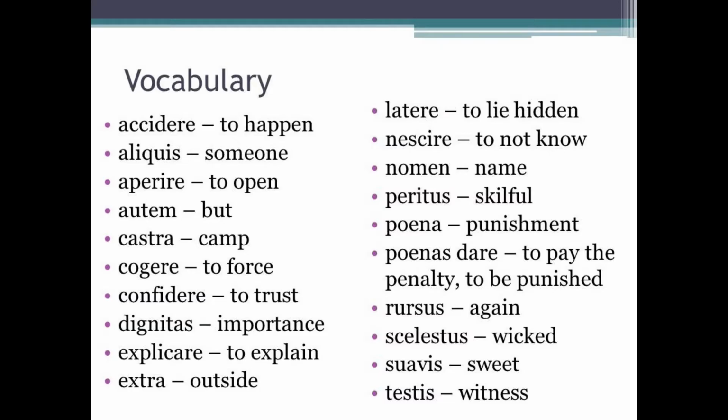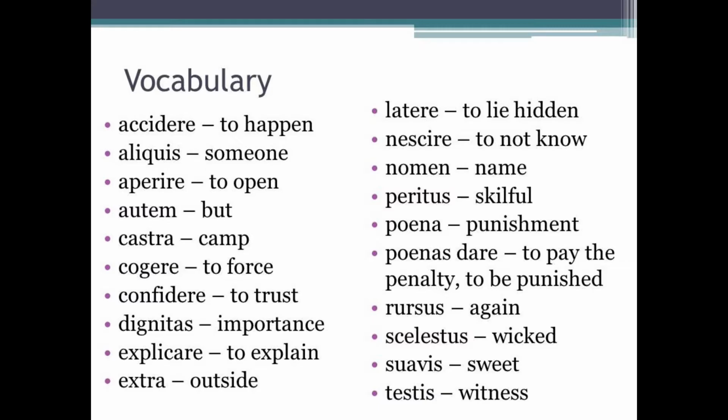Confidere, to trust. Dignitas, importance. Explicare, to explain. Extra means outside. Latere, to lie hidden. Nescire, to not know.